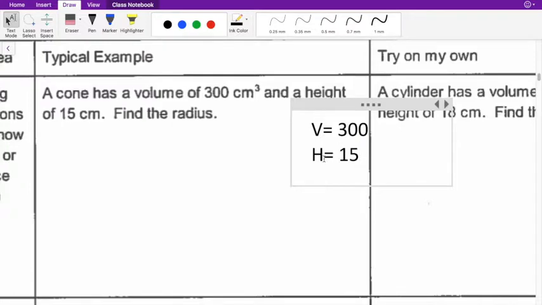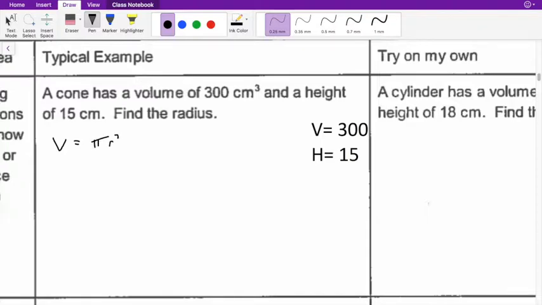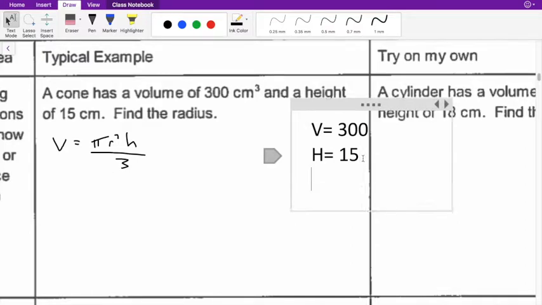If we take a look at my formula for a cone, volume equals pi r squared times height divided by 3. The only thing I'm missing here is radius, and that's what I need to find out. So radius is my question mark.